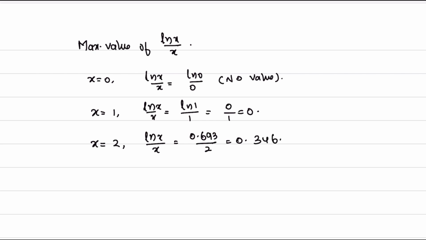We'll take only 3 decimals. That means this way the value is getting lowered. Some value was there, it's come to 0, and from 0 it's further come down, ln x by x.